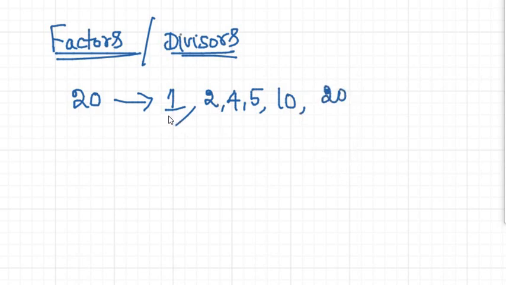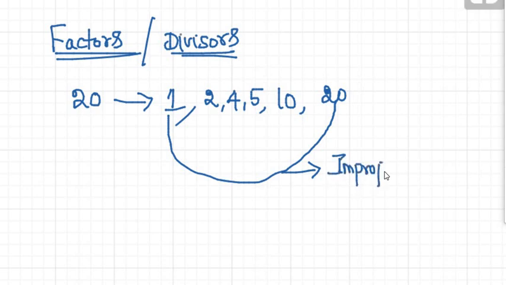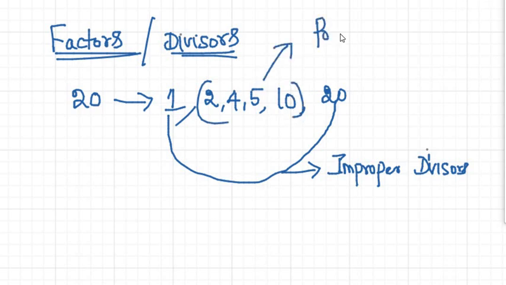So never leave 1 and the same number. There is a special name for them, they are called improper divisors. All other numbers are called proper divisors.